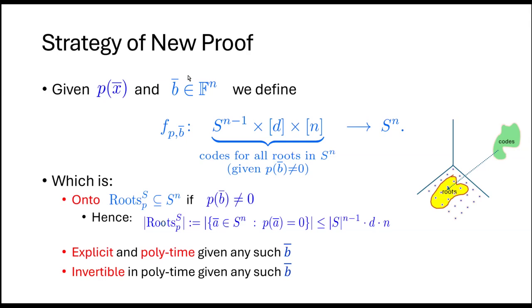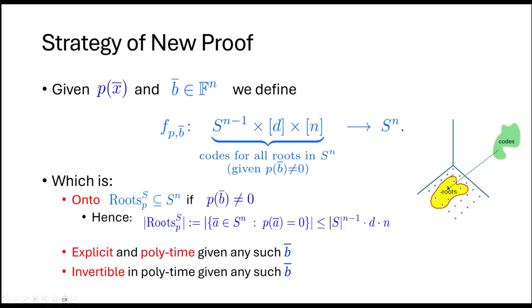You are given b, a point in the space F to the n, and you define F parameterized by P, the polynomial, and this point b. This function is defined from a set of codes to S to the n.